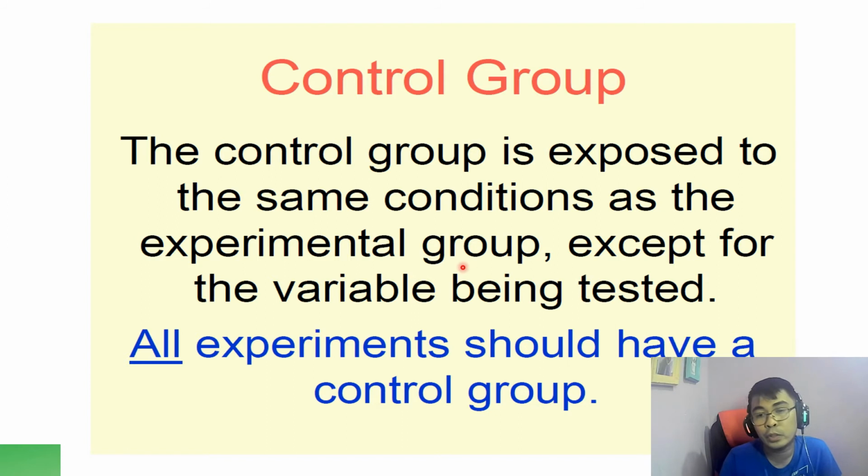So, all experiments should have a control group. So, hindi po pwedeng natanggal yung control group. Kasi, we conduct experiment on the basis na meron tayong tinitingnan na control group. And this control group should not receive a treatment or a variable that is being tested.